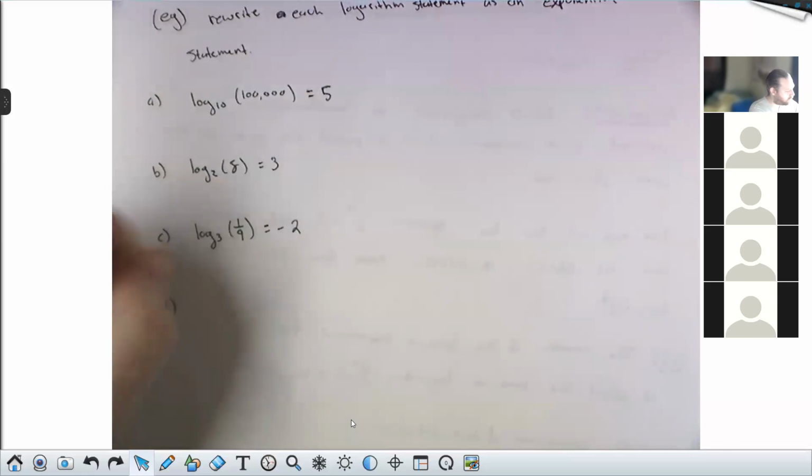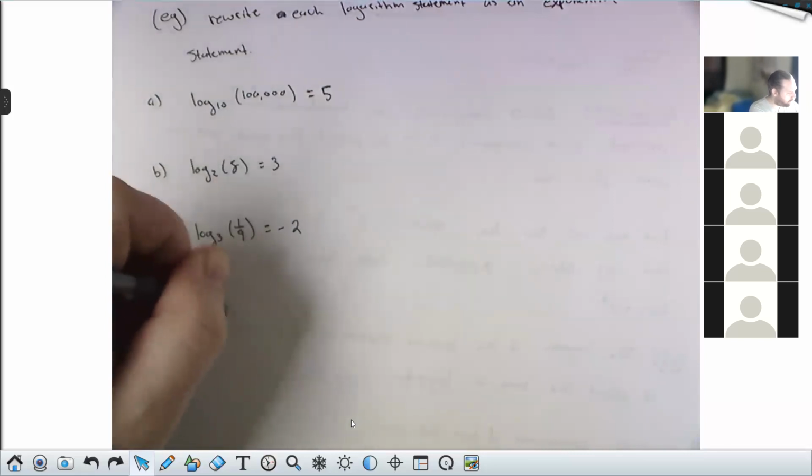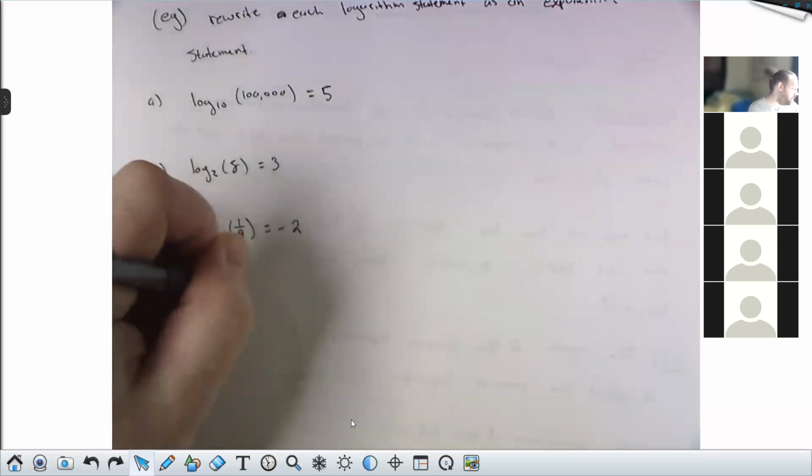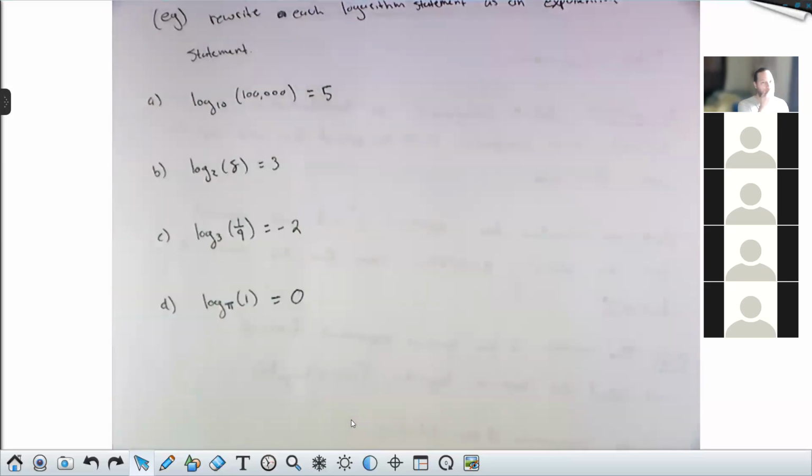And the base pi log of 1 is 0. All right. So I want you to take a look at that blue box statement from the previous page that had the word means in it, and tell me what this means. What does it mean to say that the base 10 log of 100,000 is equal to 5?